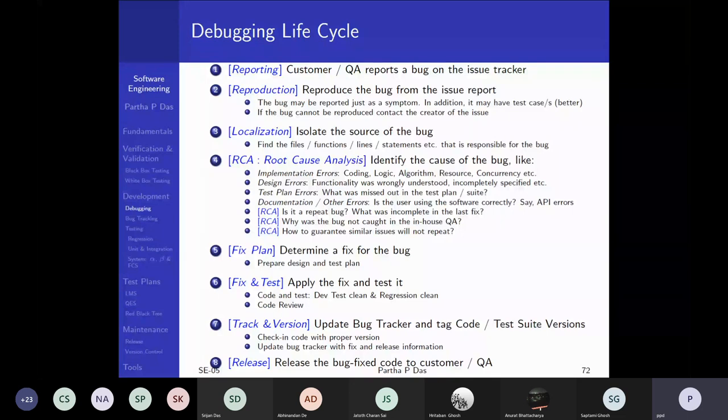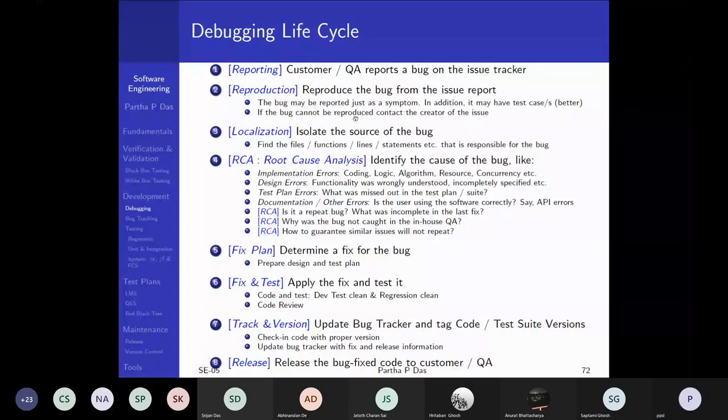You see correct operation. That's always possible, because the customer is using a different platform. You may be using a little endian system and the customer is using a big endian system, and some low-level data representation gets messed up on the customer system, which is fine on your system. So reproducibility is the first step in the debug life cycle.